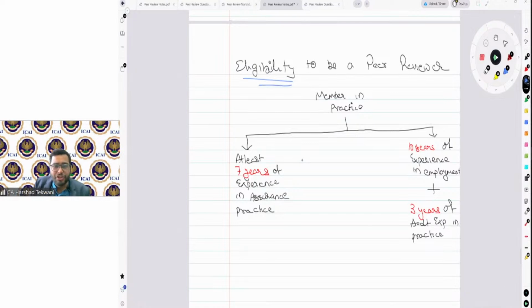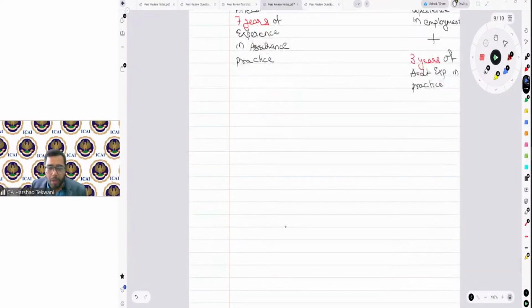But there are certain additional criteria that are required to be looked into to be a peer reviewer. Now, what are these additional criteria? You can say sort of a negative list, meaning if a chartered accountant has any of these items, then he cannot be a peer reviewer.